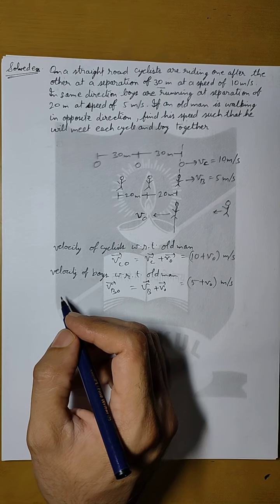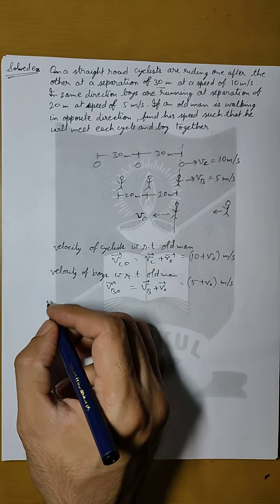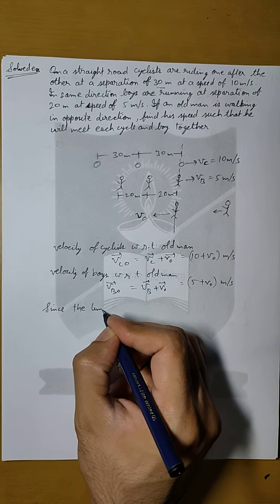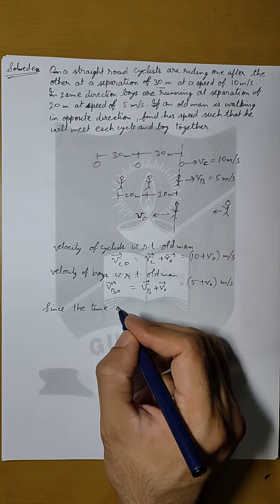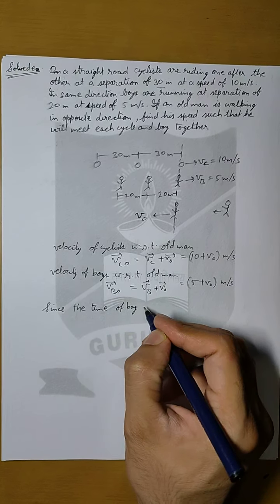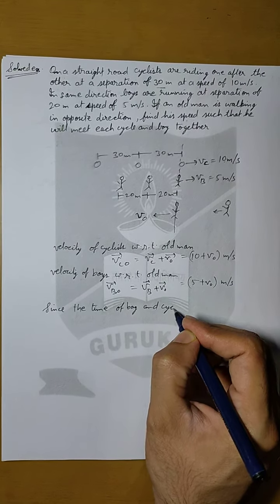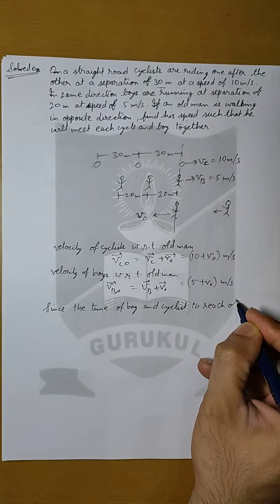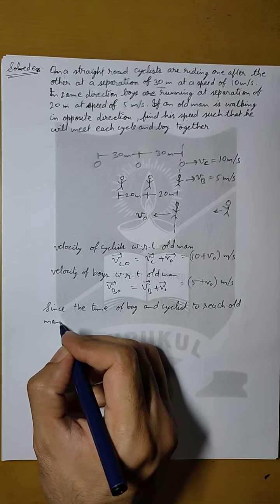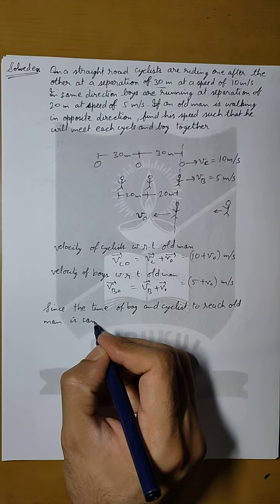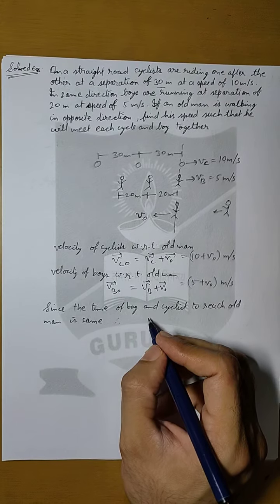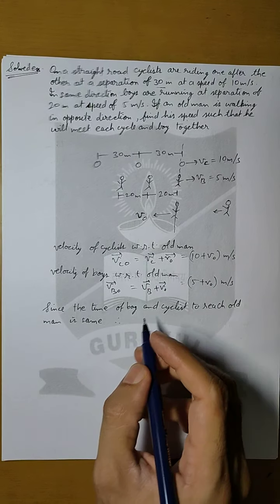So since the time of boy and cyclist to reach old man is same, we can write the distance covered by the cyclist.